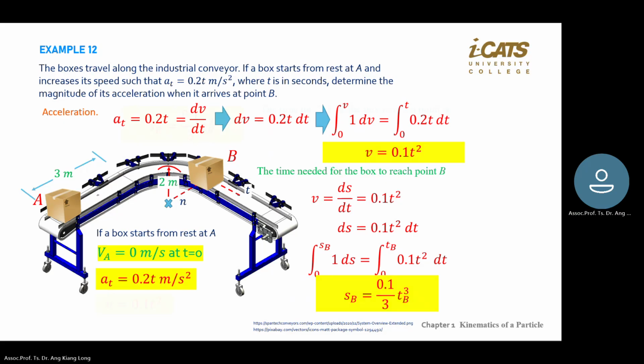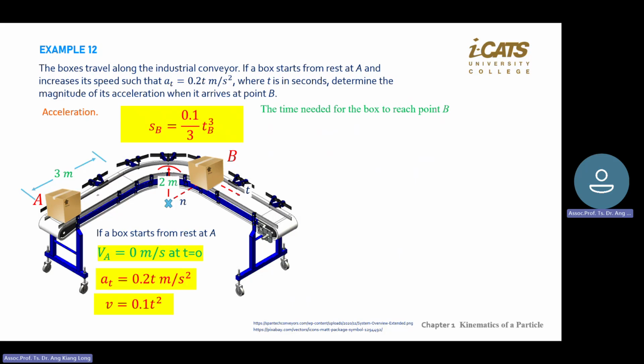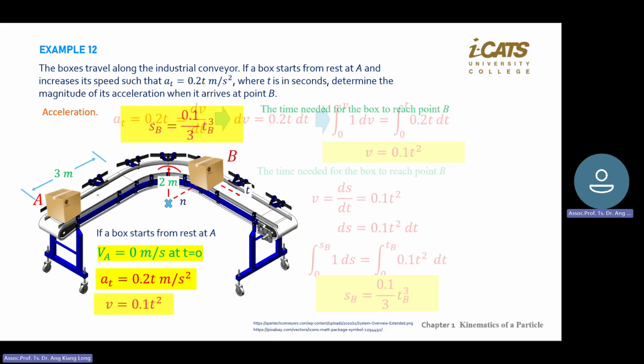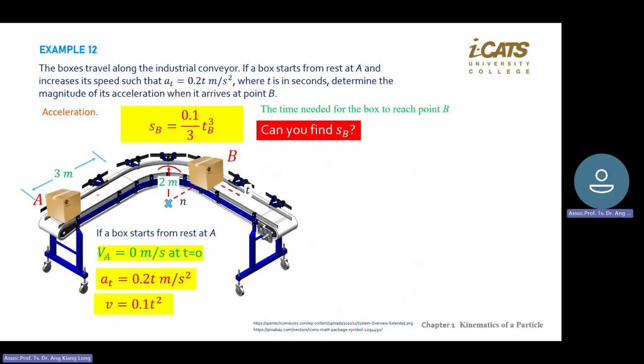Ignore the mathematics just now for this question. Observe the steps. Once you have the equation, you can substitute. What is the distance to travel from A to B? This is primary school mathematics. Total distance traveled is 3 plus the curve.